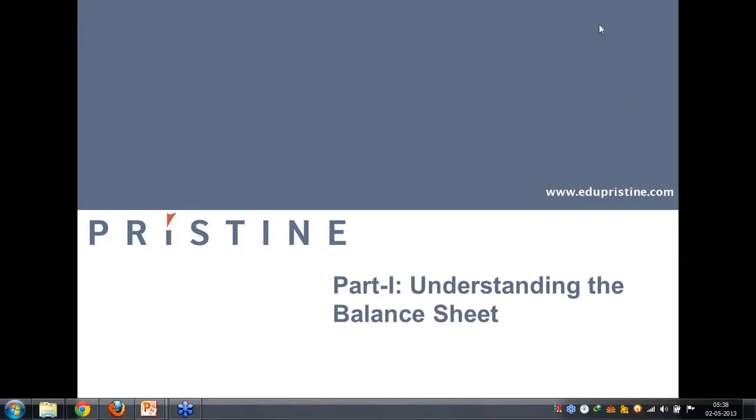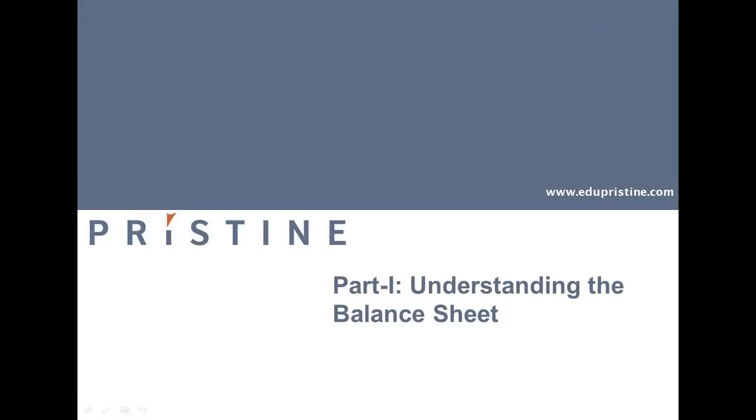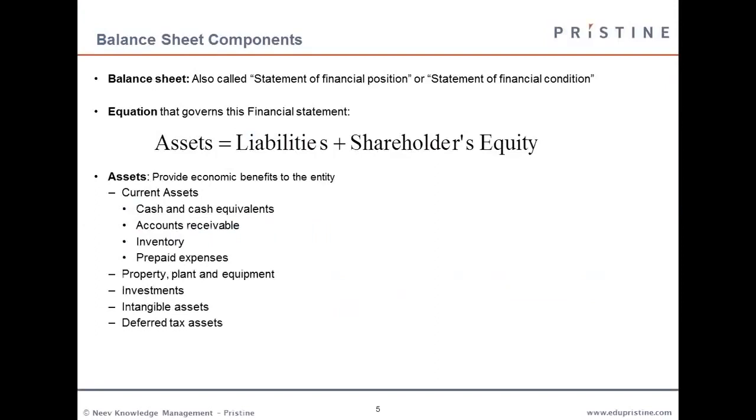So let's proceed forward. In the first part, we'll cover the balance sheet. Balance sheet, as we know, is also called the statement of financial position or statement of financial condition, because it gives the information about a company at a given point of time.